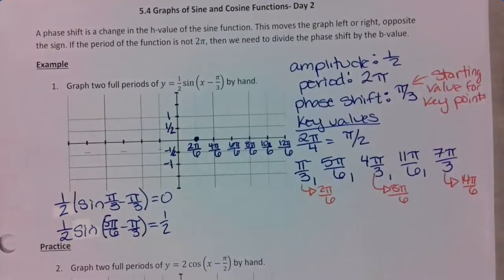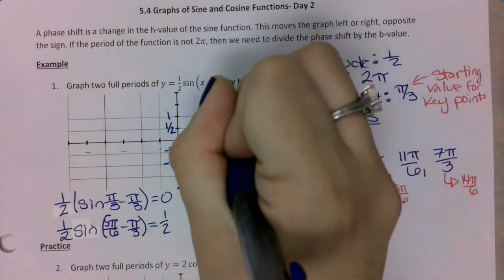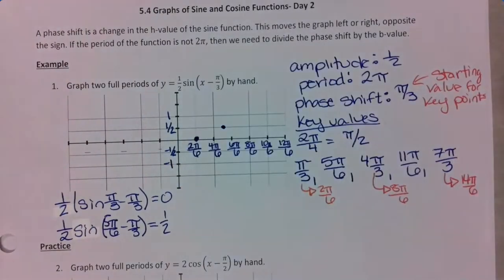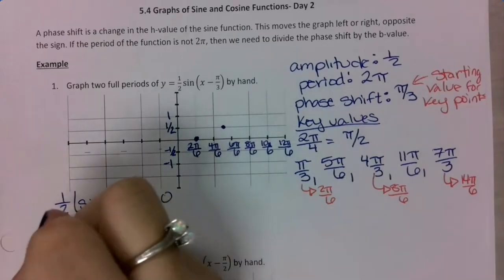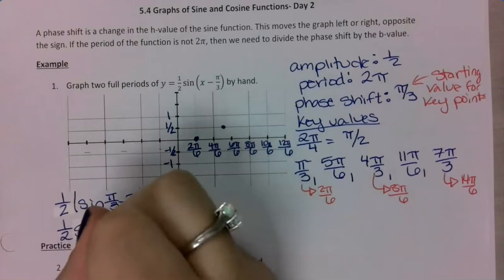And then that was 5 pi 6, so that's in between 4 and 6 pi 6. Then I'm going to do my next value, which is 4 pi thirds.